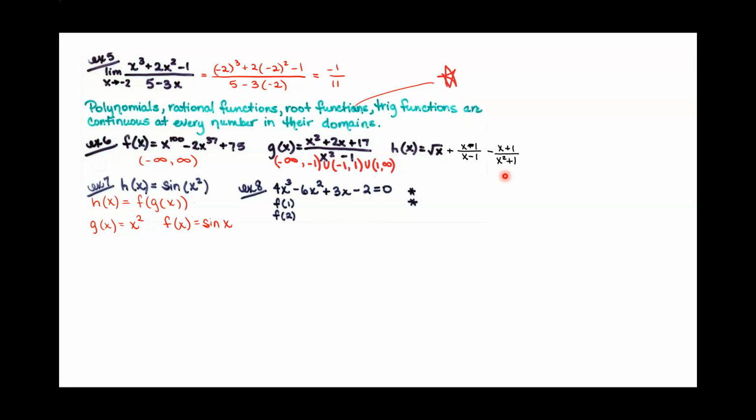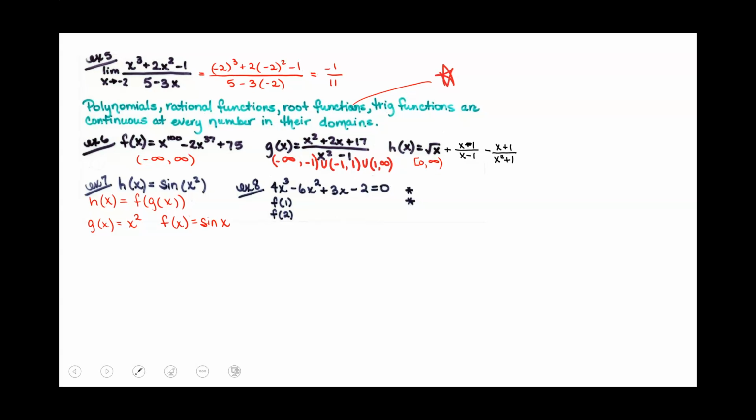That's the only place that h of x can be continuous. All right, so let's start with the root function. Root function is going to be continuous in its domain. So let's think about the domain. When you have a square root, you take what's under the square root and set it greater than or equal to 0. So our domain then is greater than or equal to 0, and there's our interval notation for that.